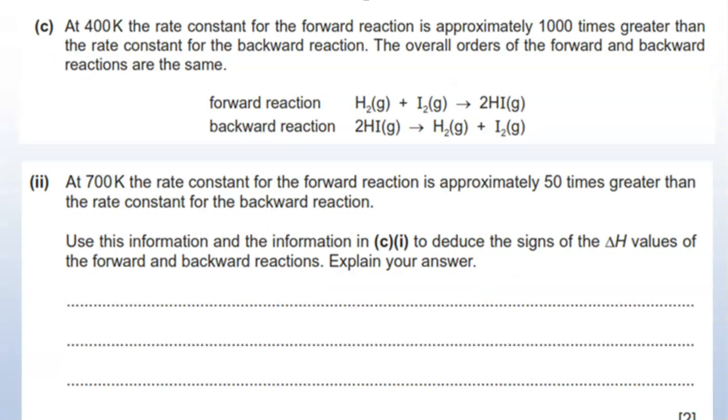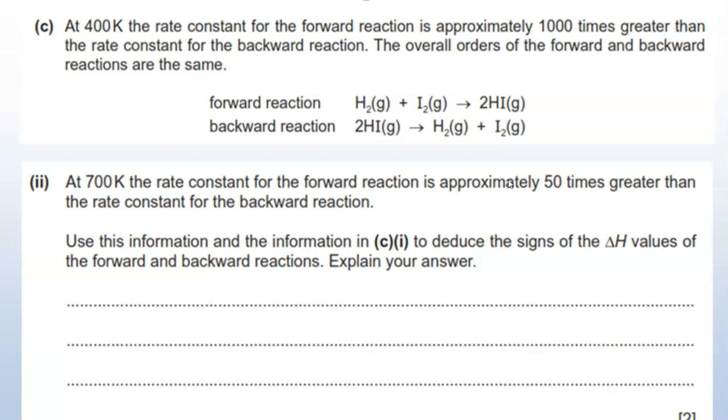Now at 400, you can see at 400 Kelvin, the rate constant for the forward reaction is much greater as compared to at 700 Kelvin. Your rate constant decreases. So that indicates that your forward reaction is exothermic.